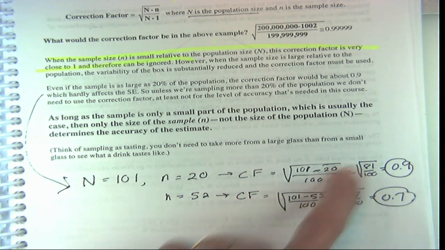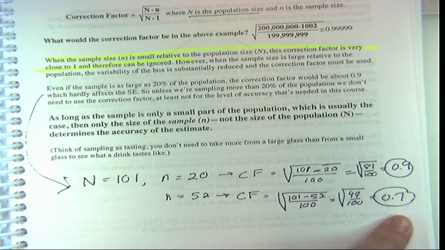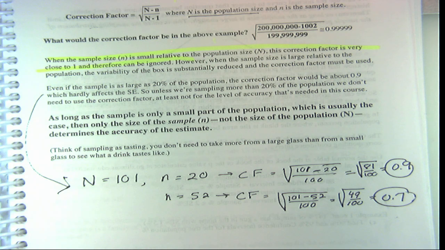And you'd have to really sample a huge fraction of the population in order for it to affect the accuracy of our sample. And this always baffles people. They always say, how is it possible that a sample of 1,000 people can determine, to such a degree of accuracy, what all 200 million Americans think?